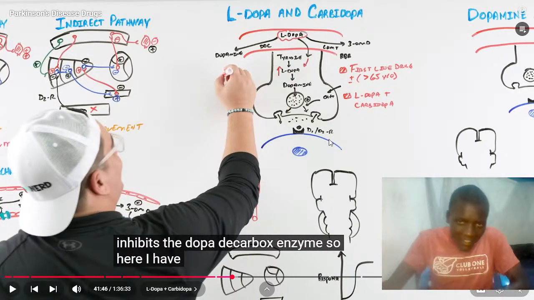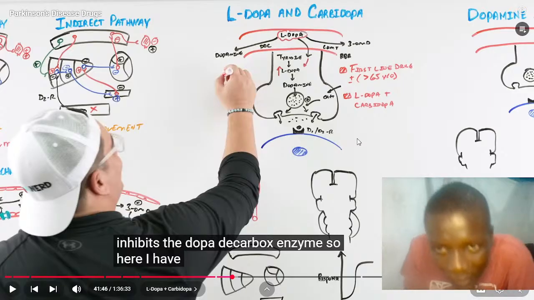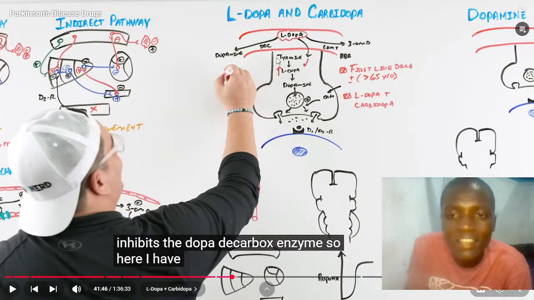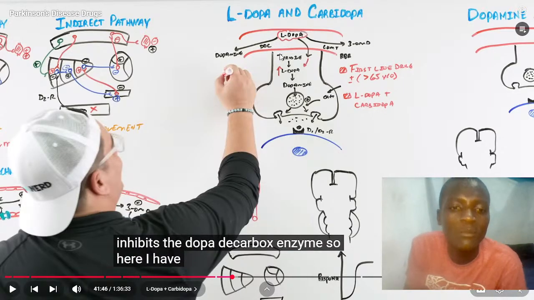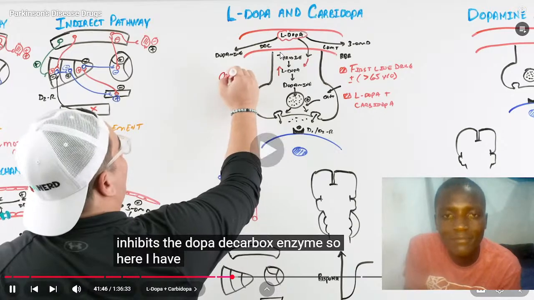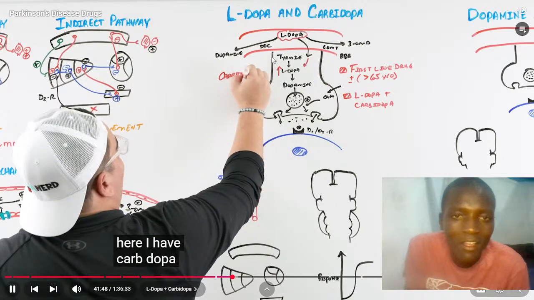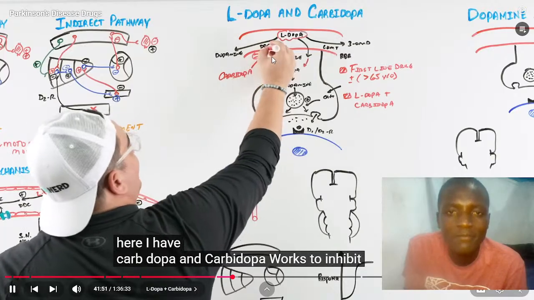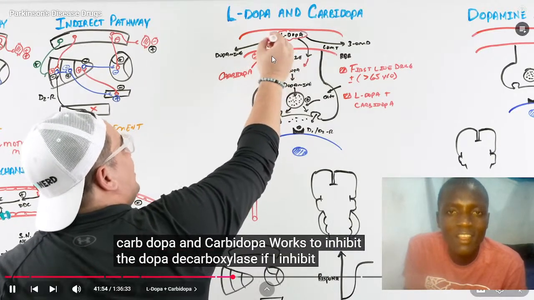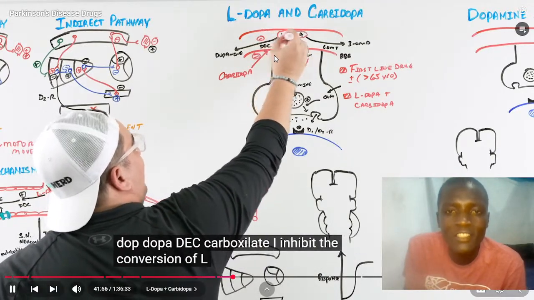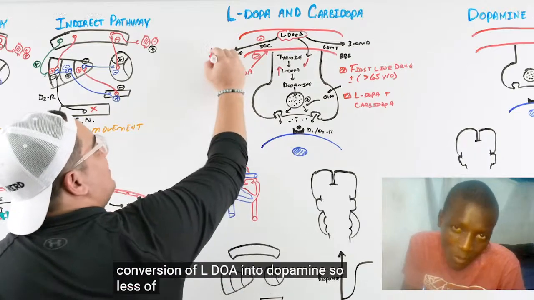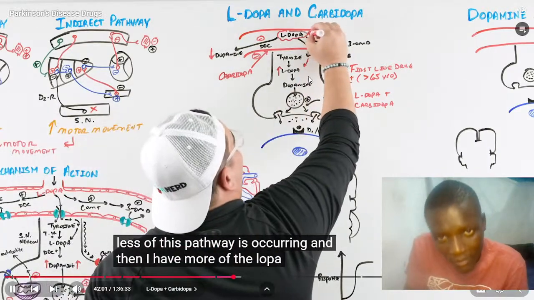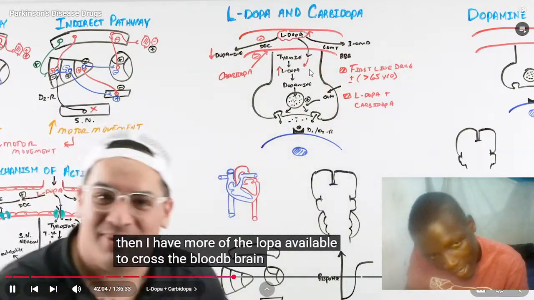So carbidopa basically is a DDC inhibitor. Carbidopa works to inhibit the DOPA decarboxylase. If I inhibit the DOPA decarboxylase, I inhibit the conversion of L-DOPA into dopamine. So less of this pathway is occurring, and then I have more of the L-DOPA available to cross the blood-brain barrier.